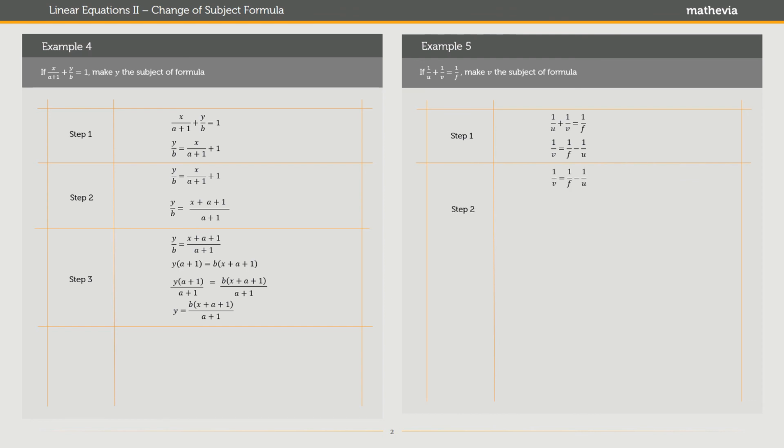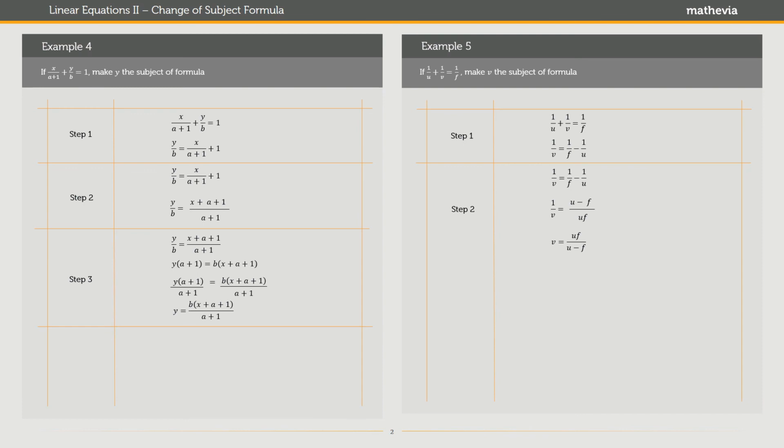Once we've done that, we then solve the fractions on the right. So I have 1/v equals, a common denominator here would be uf. uf divided by f multiplied by 1 gives u, minus uf divided by u multiplied by 1, which gives f. Basically I have 1/v = (u - f)/uf.